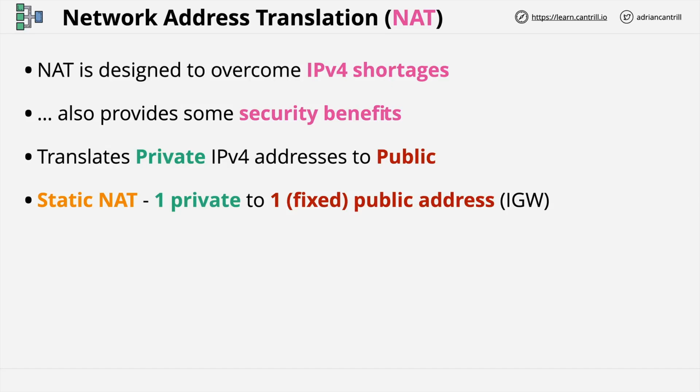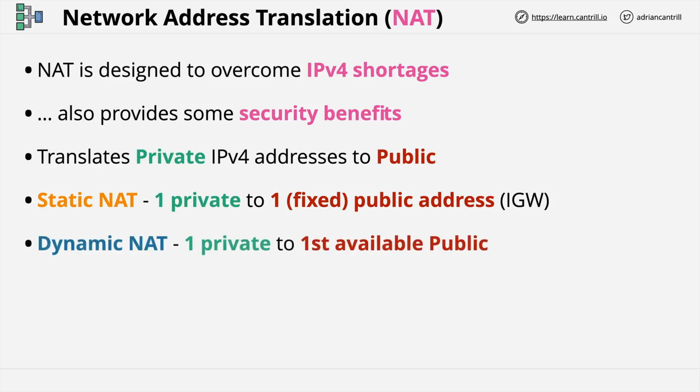And this is how the internet gateway within AWS works, which I'll be covering in another video. Static NAT is what you would use when certain specific private IP addresses need access to the internet using a public IP and where these IPs need to be consistent.